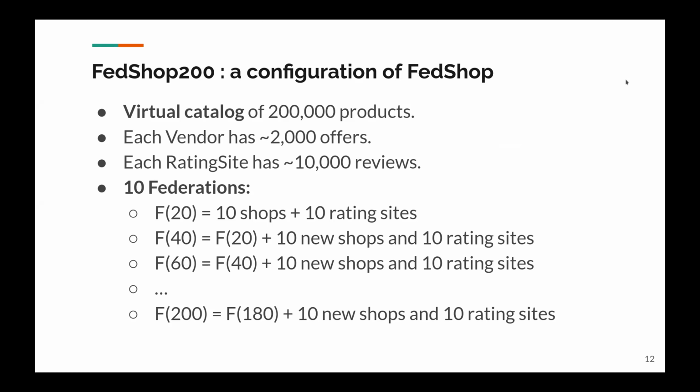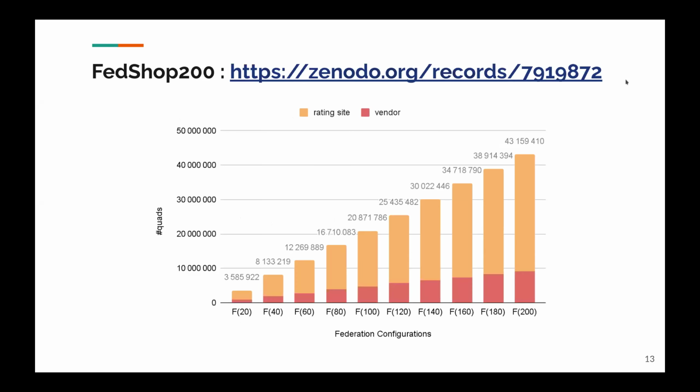We keep doing this until we have a federation with overall 200 federation members, where 100 of them are shops and 100 are rating sites. And this is the data size of the different setups. So in the biggest federation, we have an overall of 43,000 triples distributed across these 200 federation members.